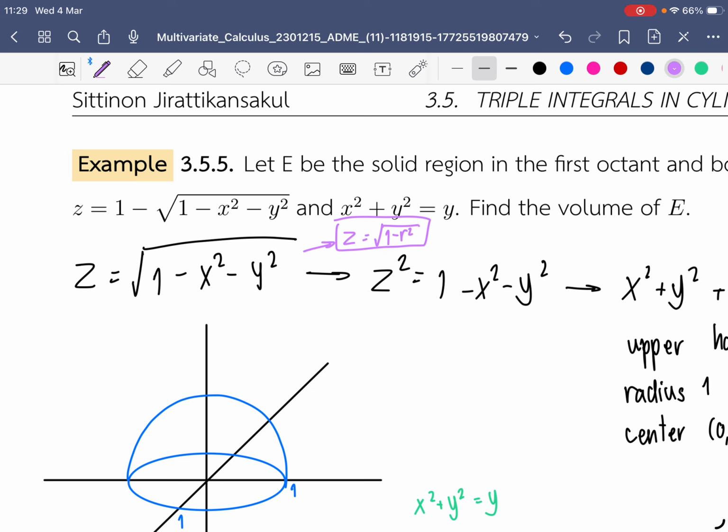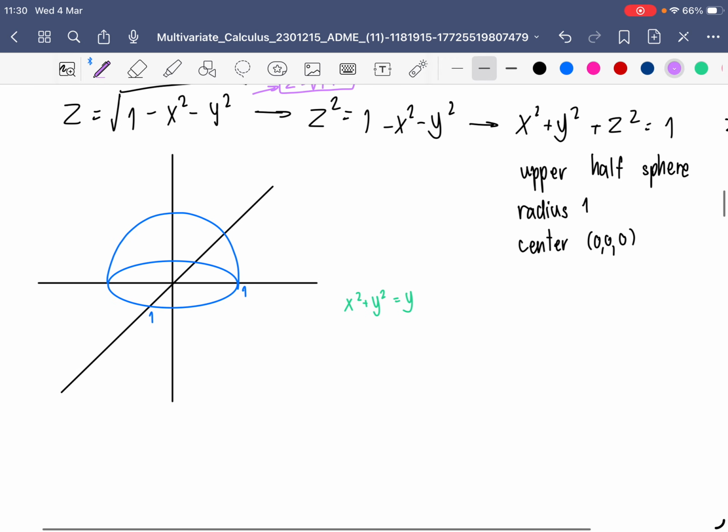Likewise for this one, I am also going to change it into polar coordinates. So r squared is r sine theta, so r is sine theta. But in terms of drawing, I am going to complete the square.